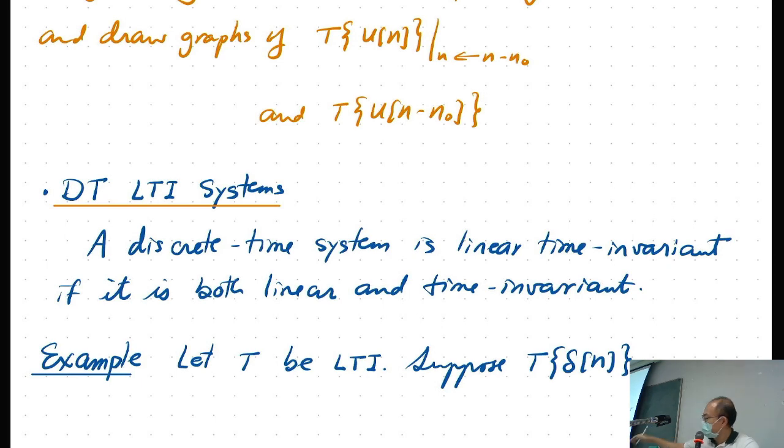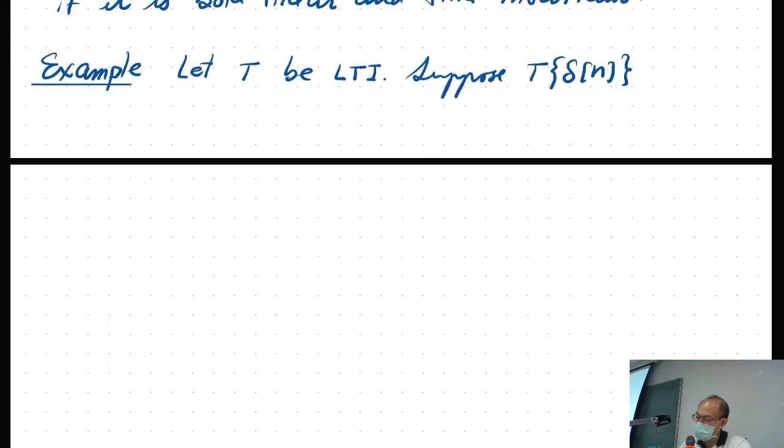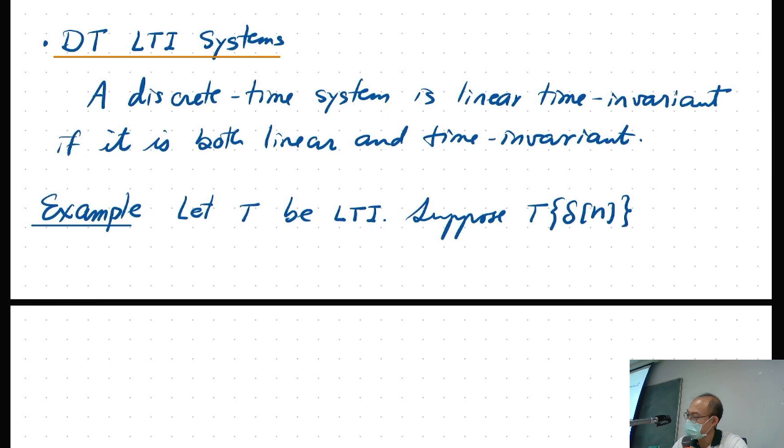This means its response to the unit sample signal is u[n]. Whenever you give the system a unit sample impulse, it gives you the unit step signal out. The question is, we want to find the response of the system when the input is the unit step signal.